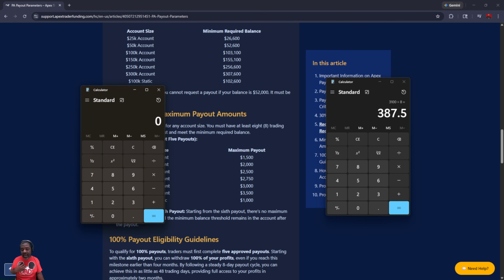So that's why I recommend just looking at, okay, I need to get 4,600, divide that by 8 and say, okay, I'm just going to shoot for $600 a day. If I could just get $600 in the green over 8 days, that'll put me where I need to be.